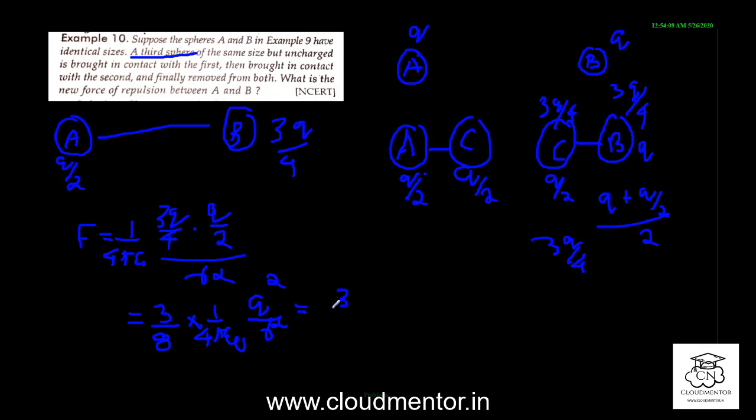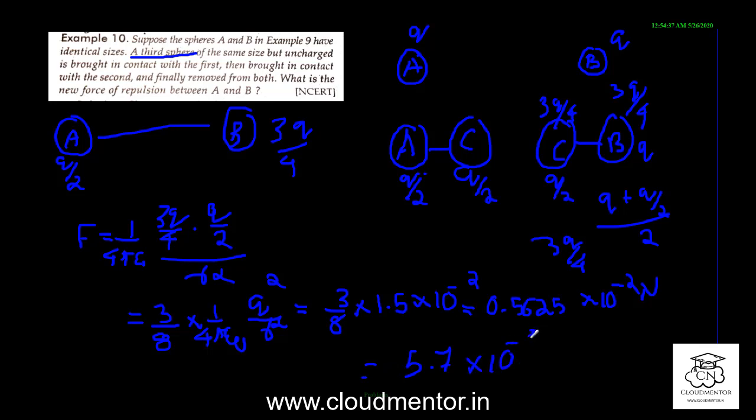So the answer was 3 by 8 multiplied by 1.5 into 10 raised to minus 2. So finally we will get 0.5625 multiplied by 10 raised to minus 2. By rounding off, we will get the answer as 5.7 multiplied by 10 raised to minus 3 Newton.